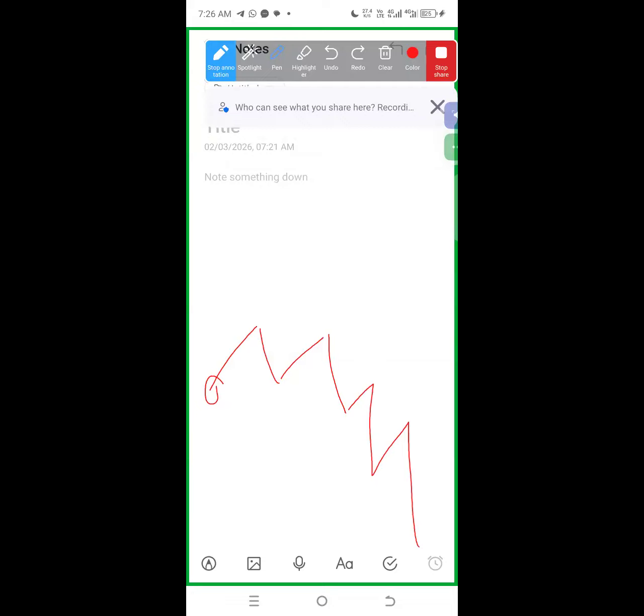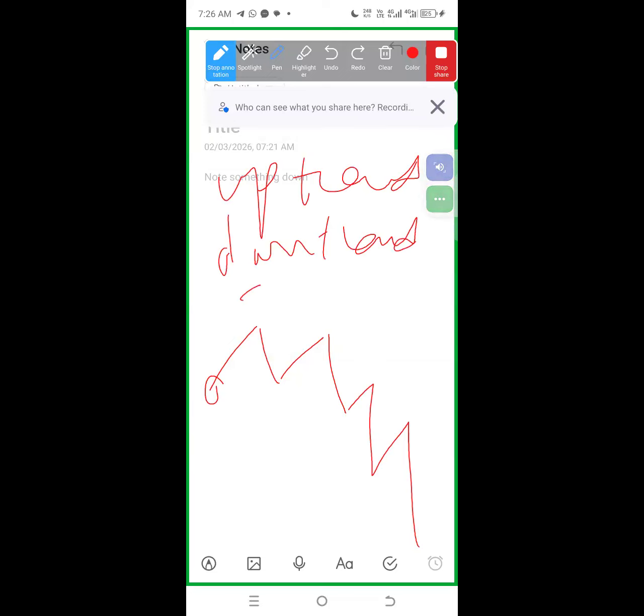So basically, the market moves in various structures, and the first structure may be an uptrend, a downtrend, or sideways.